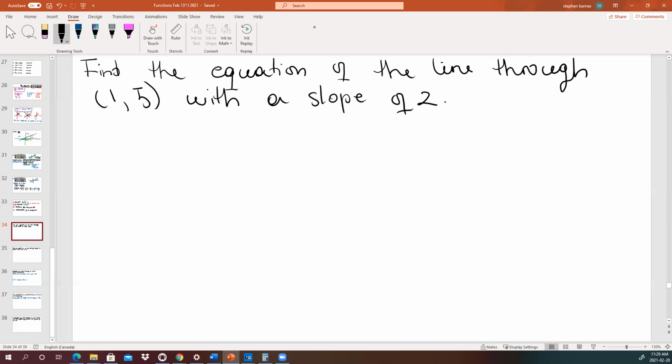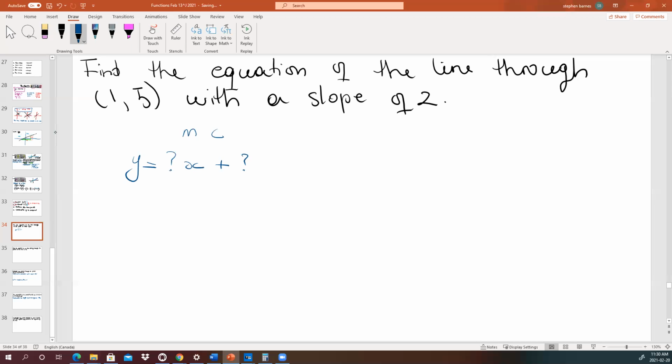So importantly, what I want you to understand is that when they ask you to find the equation of a line, all they're asking you to find is M and to find C. And then when you find it, you write out the equation of a line as y equals whatever you get for M, x plus whatever you get for C. Because in truth, the C and the M will not change, but the Y and the X can change depending on what you put into the formula, right?